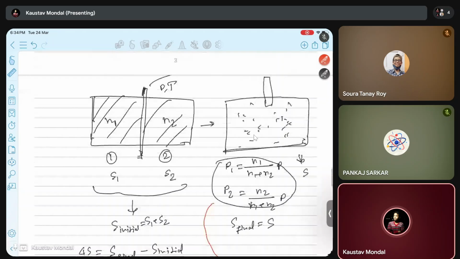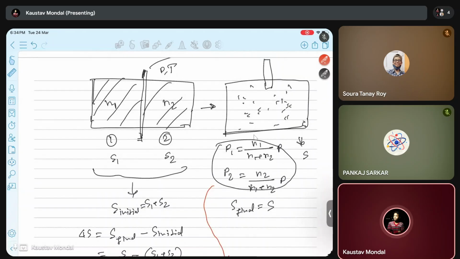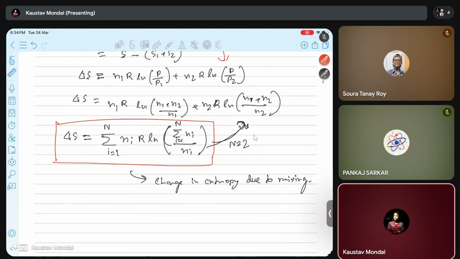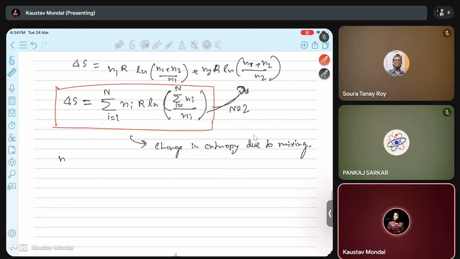This mixing is also happening because of diffusion, right? Now in this case, the summation of Ni by Ni, you know already, will be greater than 1, right?